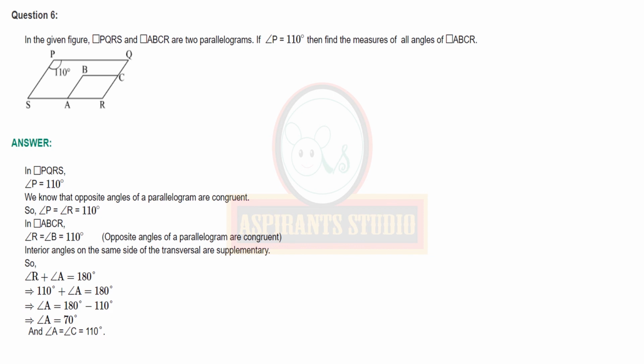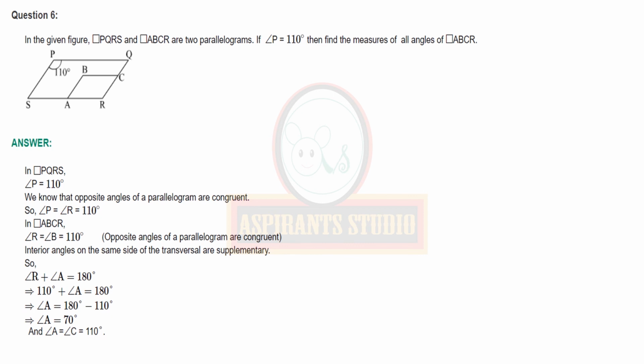Measure of angle A is equal to measure of angle C. Within brackets you have to write the reason: opposite angles of a parallelogram are congruent. It is not mentioned here, you have to mention it. Measure of angle A is equal to measure of angle C because opposite angles of a parallelogram are congruent.